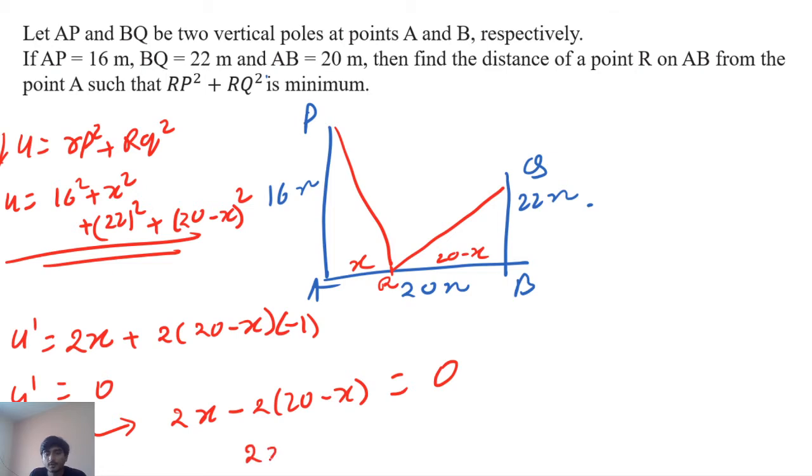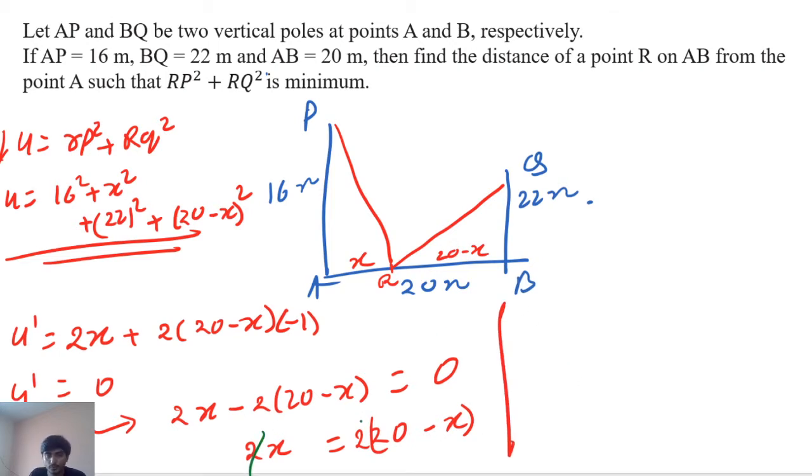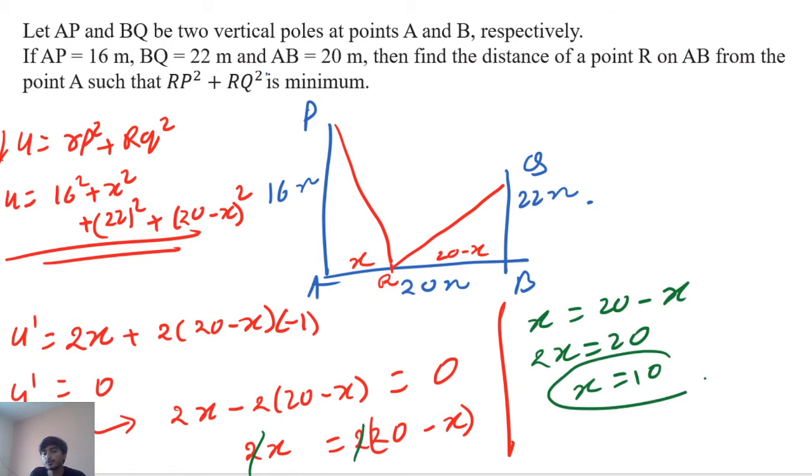Solving it further, 2 and 2 we can cancel, x is equal to 20 minus x, I can bring this side, so 2x is equal to 20, x is equal to 10. So x is equal to 10 is the point now, right.